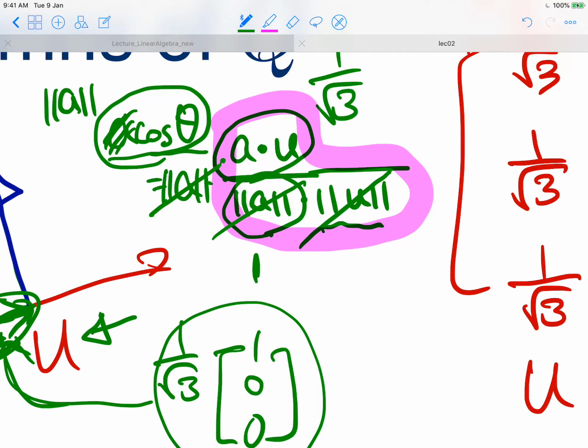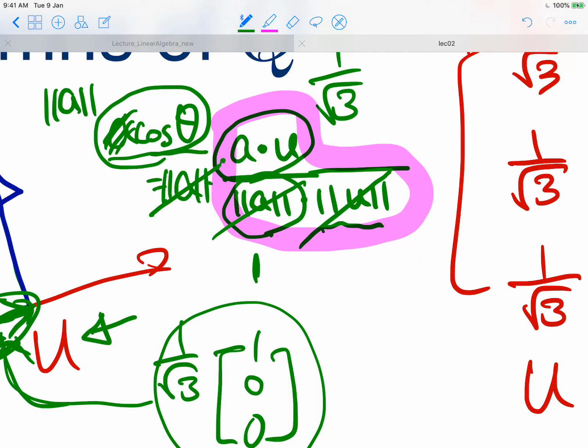The resulting formula will be A dot U, which is an inner product, divided by the length of U. But if we assume that the length of U is always 1, because we can always normalize during each step of our Gram-Schmidt process, we can always ignore this part because it will always be 1.